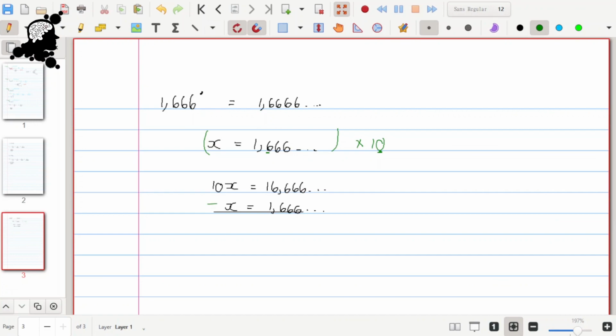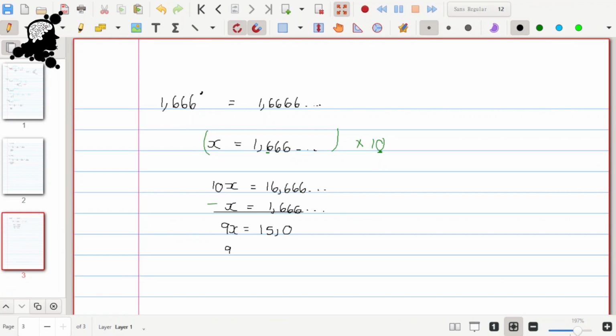Now, remember, 10x minus x is going to give us 9x. Now, 16 minus 1 is going to give us 15. We're going to remain with comma 0 because all of the 6's will subtract and we remain with nothing.